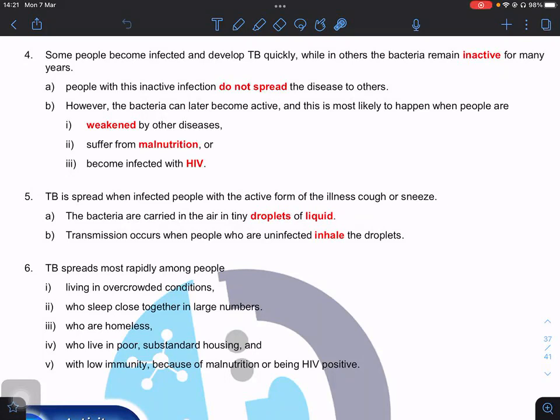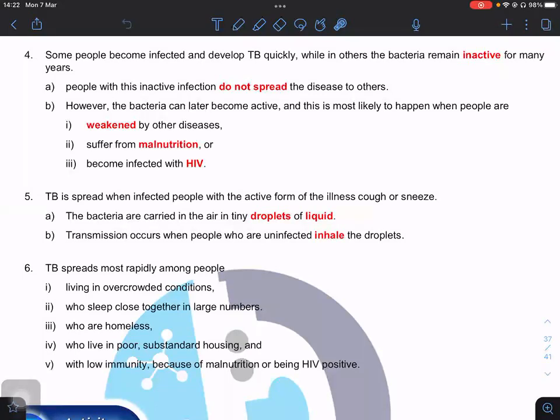But when you are immunocompromised, for example due to a disease that weakens your immune system, such as HIV infection, that is why I always say that Mycobacterium tuberculosis is the first opportunistic infection that happens to the HIV positive patient with a weakened immune system.